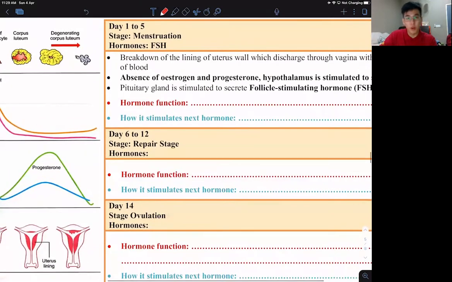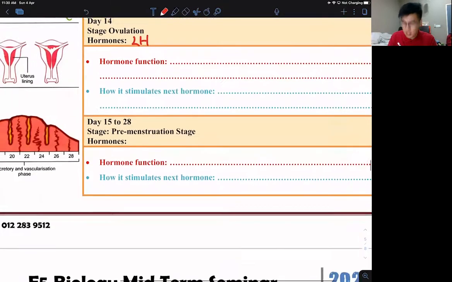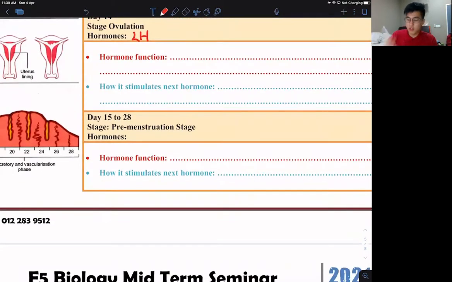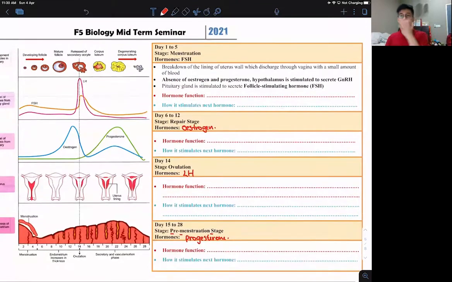So just follow the hormone, estrogen. Day 14 occurs for 1 day only, ovulation, with LH. And the last one is called the pre-menstruation stage, also known as PMS, where you're going to have the last hormone, progesterone.